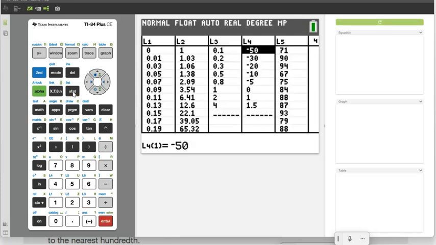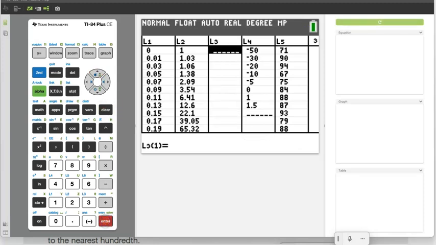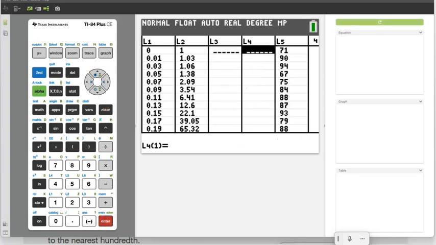If I wanted to clear out a list, remember that it's a good idea to get in the practice of clearing them. So I just go sit on top of it and I hit clear enter and it clears that whole list at one time.